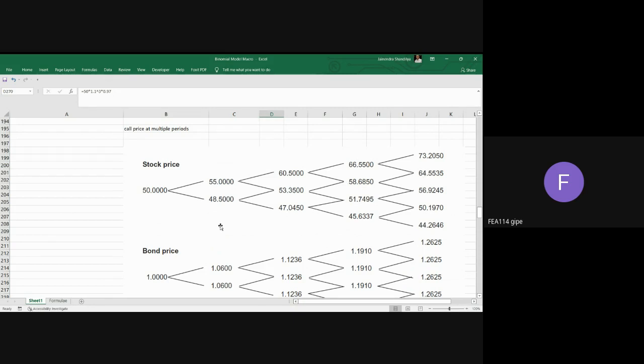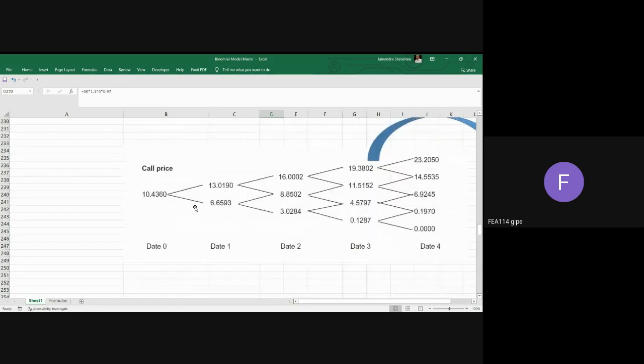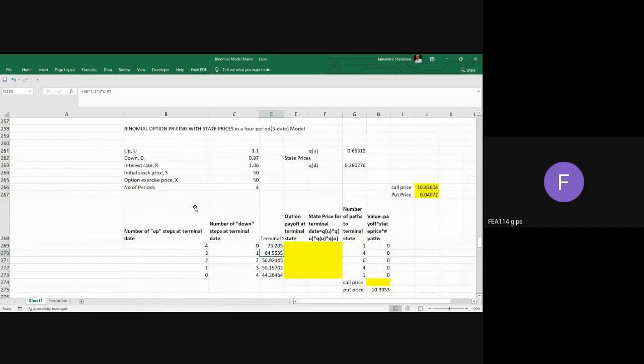So either it goes up 3 times and goes down once, or goes down once and goes up 3 times. The value is going to be the same, which is 64.55.